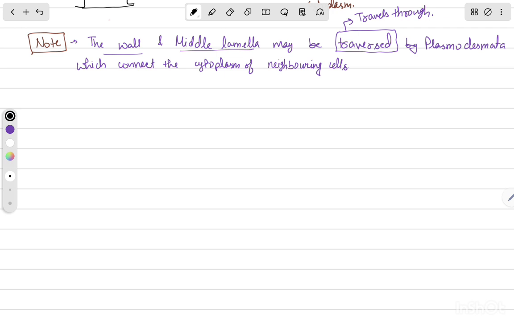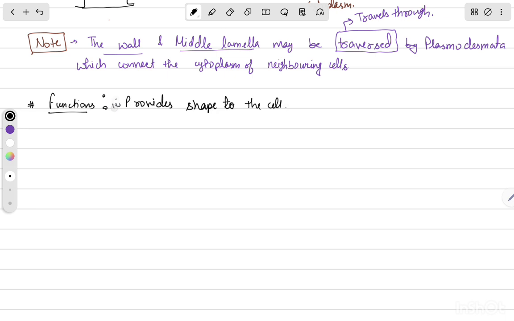Next point about cell wall is function of cell wall. Now, what is the function of cell wall? Why is cell wall present in plant cell or fungal cell or bacterial cell? It provides shape to the cell, right?